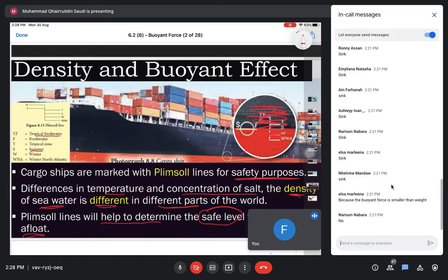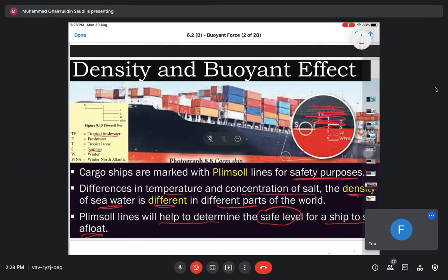The relationship between density and buoyant effect? How to calculate buoyant force? Why does an object stay afloat while others sink? You have to be able to explain the situation using buoyant force as the key explanation.